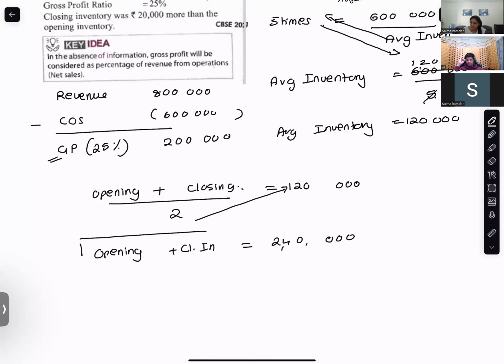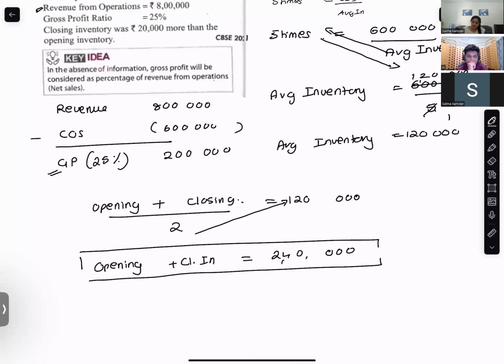Now I need more information to go ahead. They say closing inventory was 20,000 more than the opening inventory.